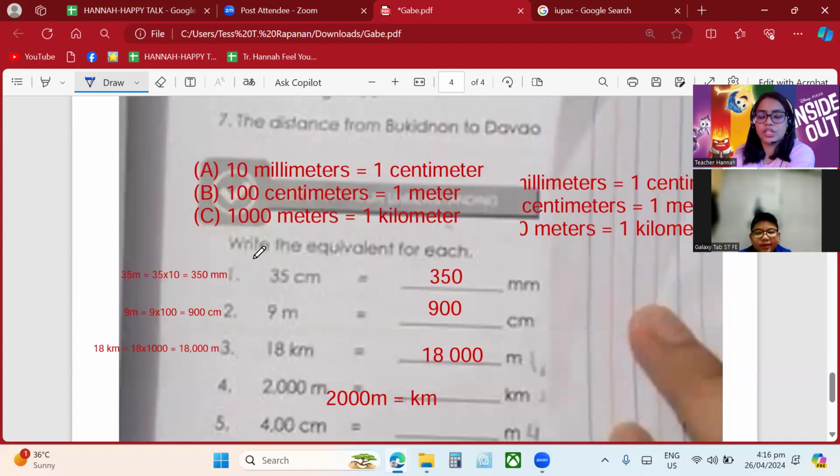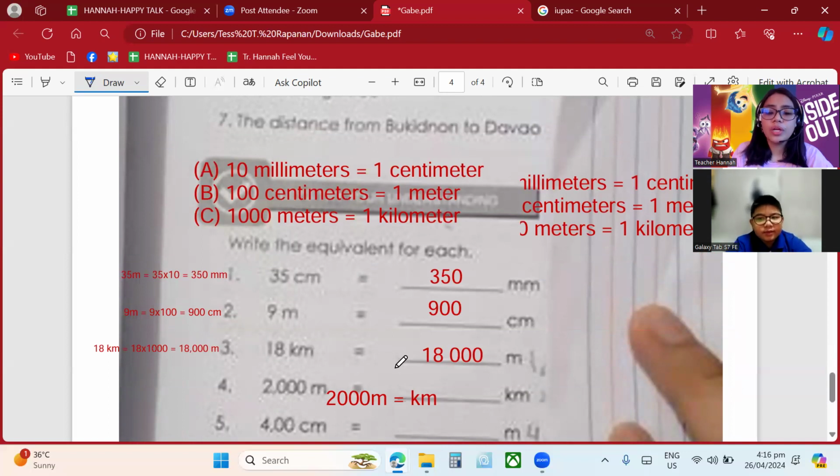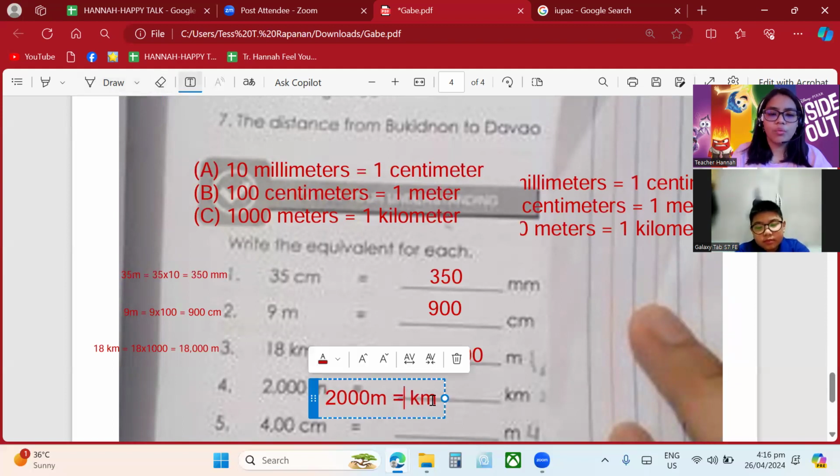So kilometer is the bigger one. If we are going to the bigger one, we are going to divide. So we will do 2,000 divided by how many?